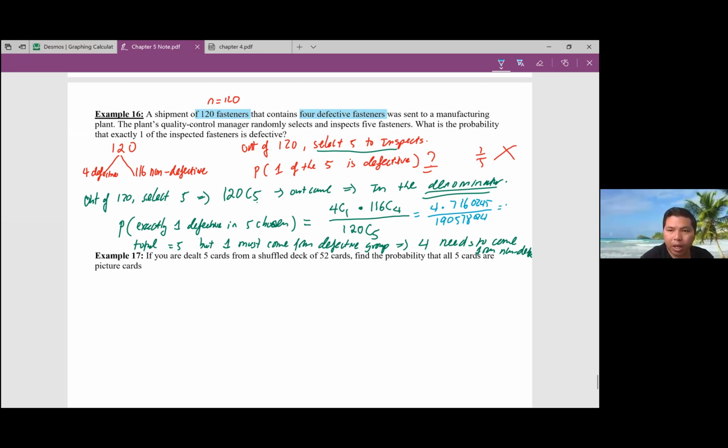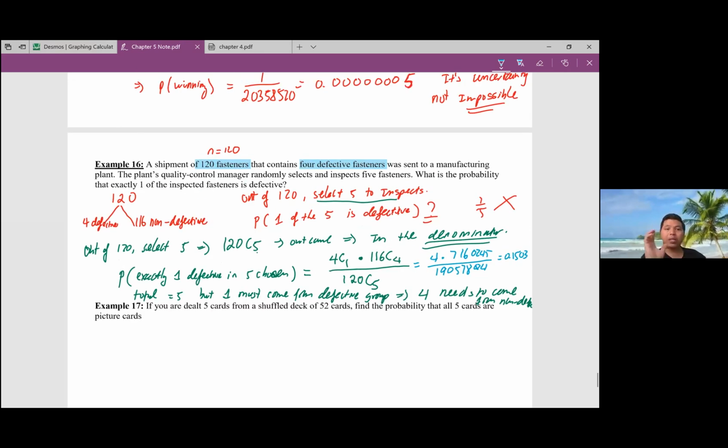All right, so we get 0.1503. Around 15% that's going to happen. Okay, what if I said I want exactly 2 defective? What will it be?